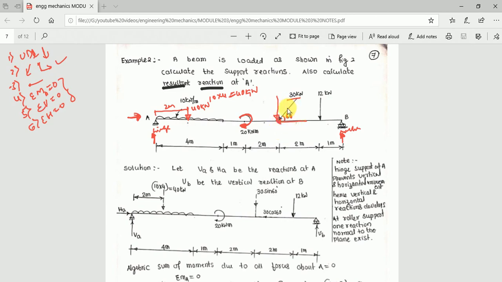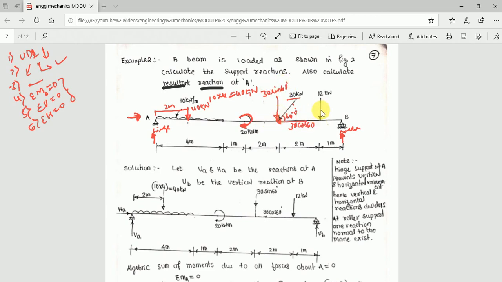The horizontal component will become cos theta multiplied by its magnitude, 30 cos theta. The vertical component will become 30 sin 60 degrees.